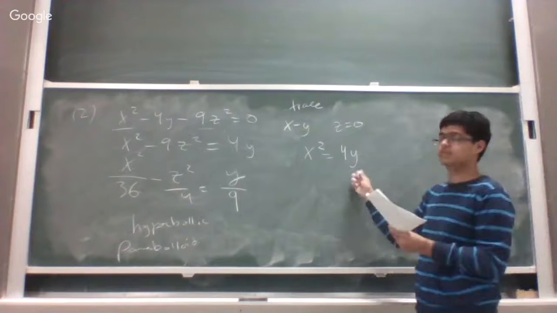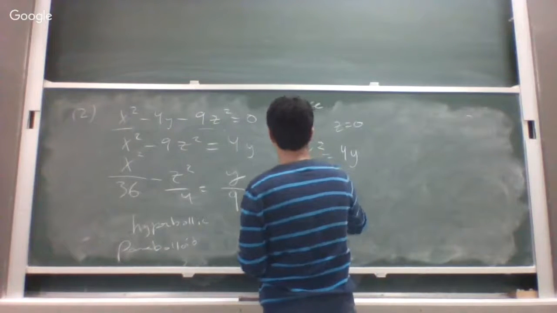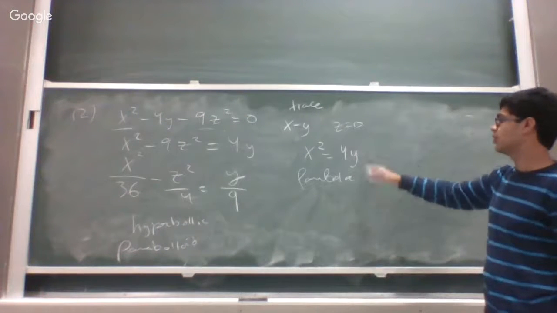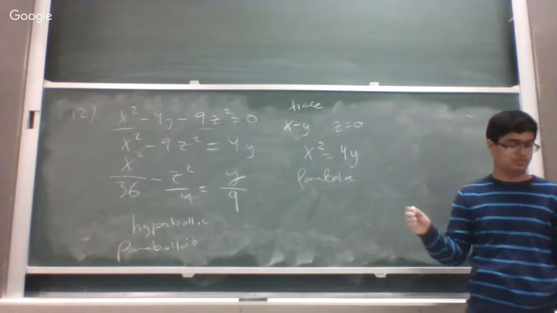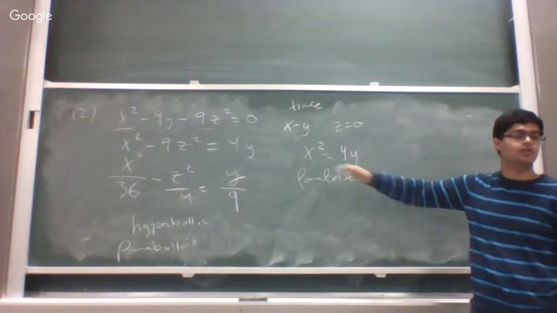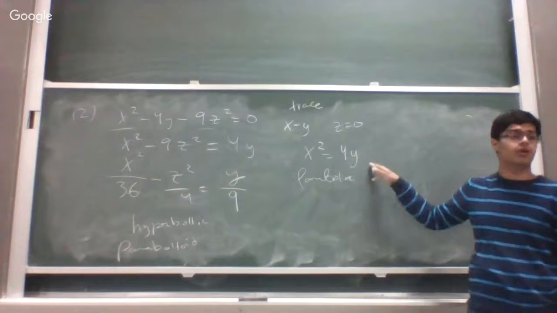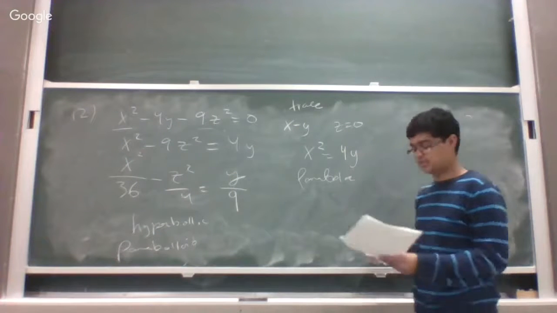What is this? A parabola. Normally you could have x equal to 4y squared, and that would still be a parabola. Yes?